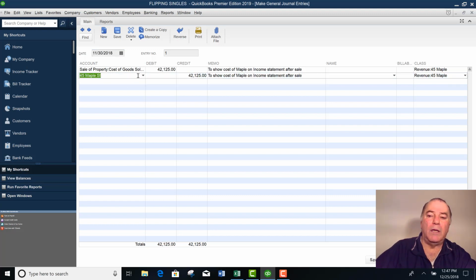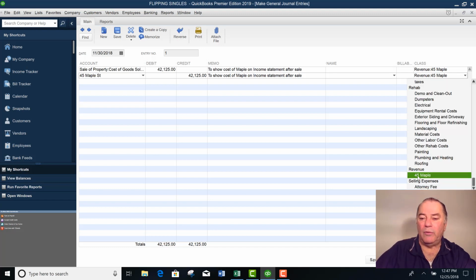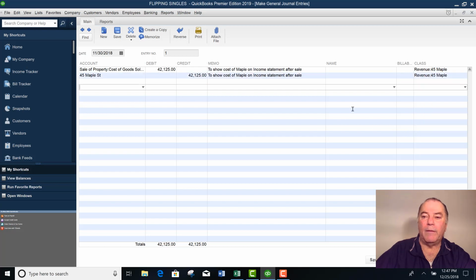Okay, so again, this is clearing it off of the balance sheet, 45 Maple. This is putting it on the income statement as a cost of goods sold, and our class is under revenue, 45 Maple.